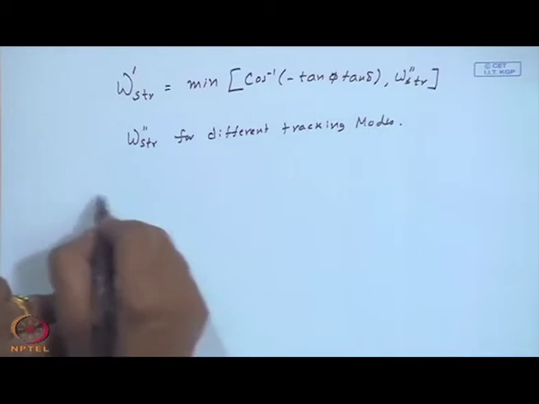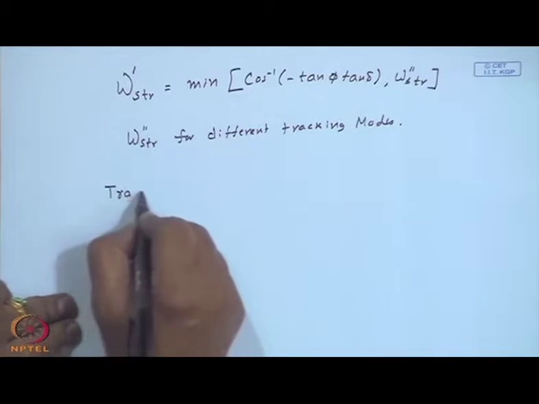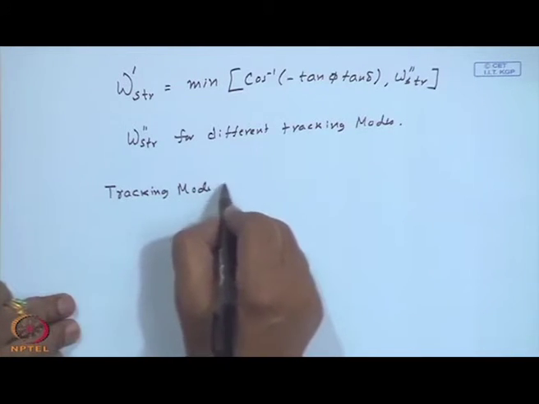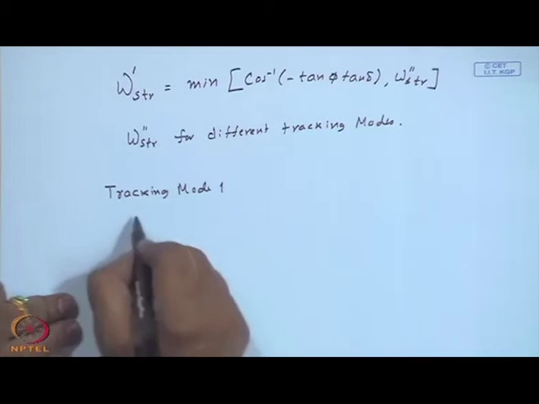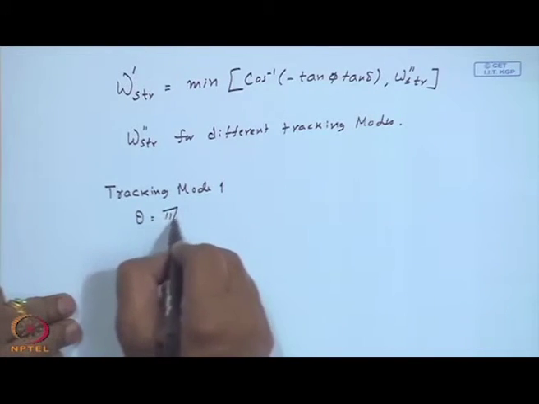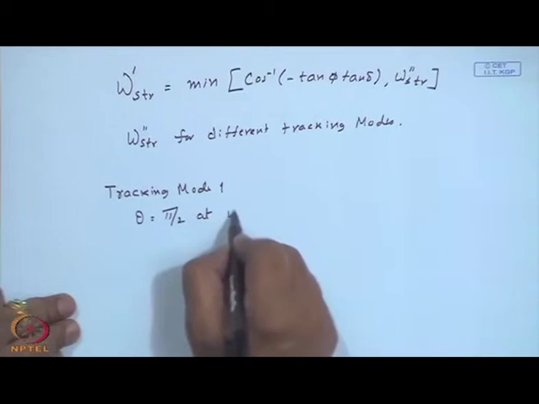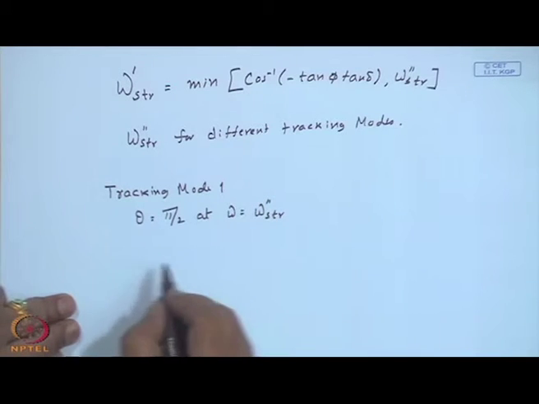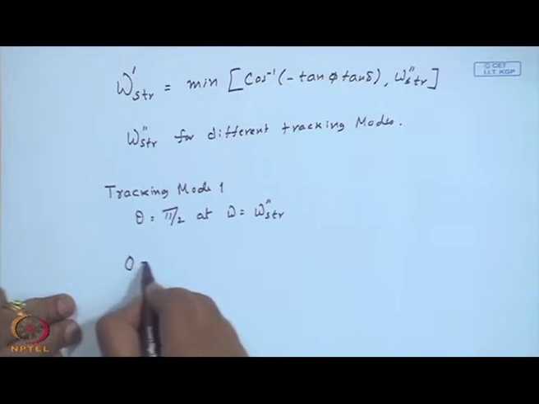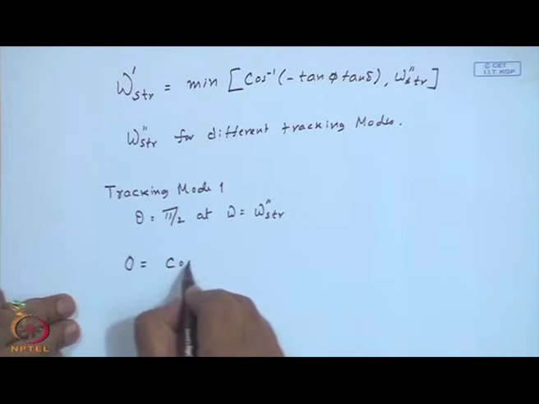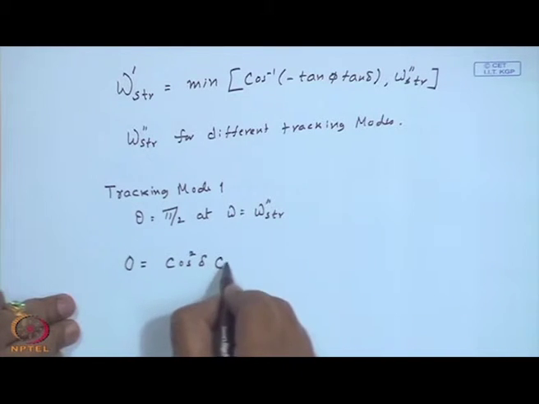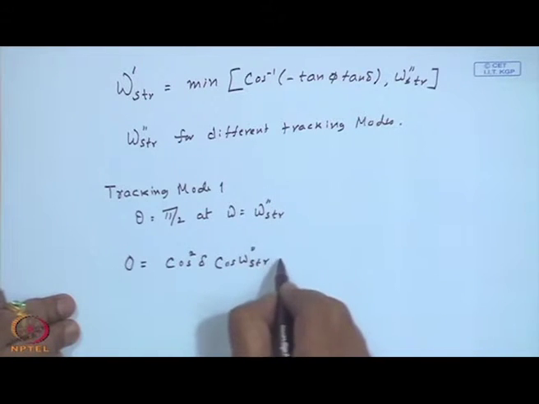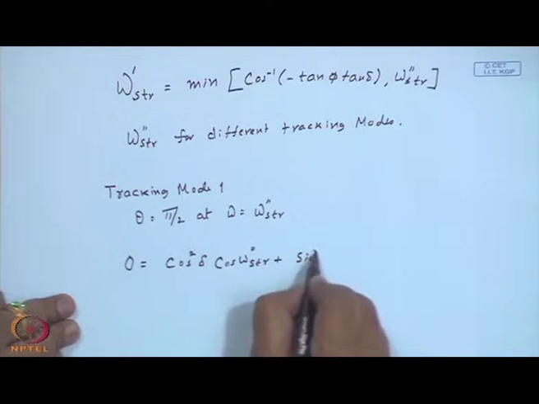Right. So, tracking mode 1, how do we do? Theta should be equal to pi by 2 at omega equal to omega S Tr double prime, giving rise to 0 equal to cos squared delta cos omega S Tr double prime plus sin squared delta.